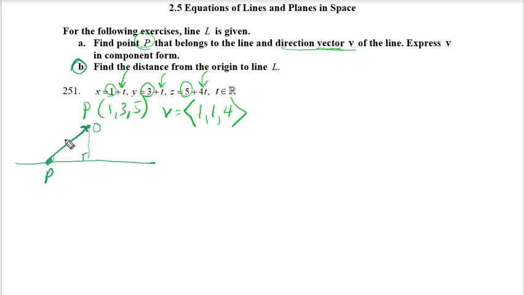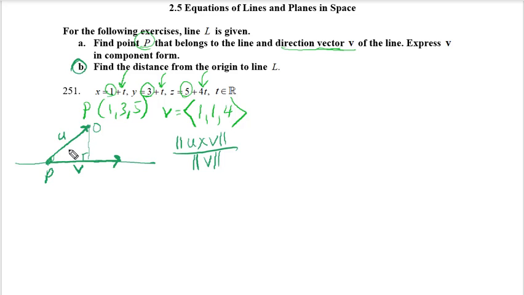If this vector is U and the vector on the line, any vector on the line, is V, then we found that that distance, which is the magnitude of U times the sine of theta, can be transformed into the magnitude of U cross V divided by the magnitude of V. So that's what we need to find.